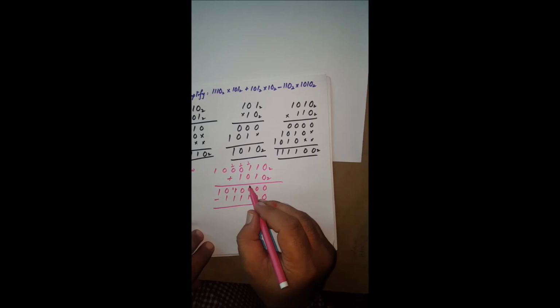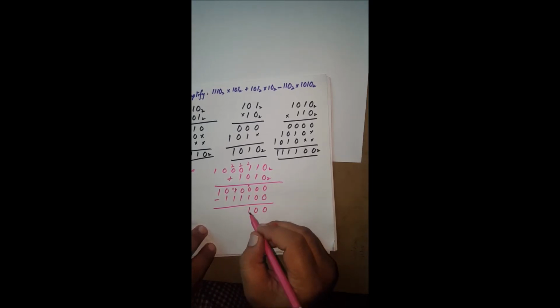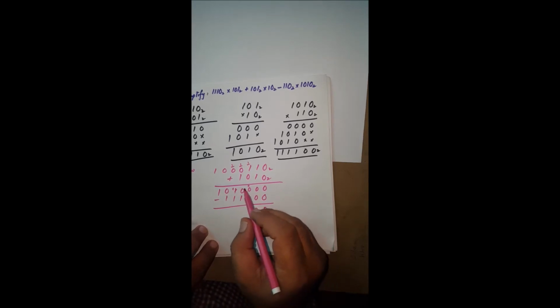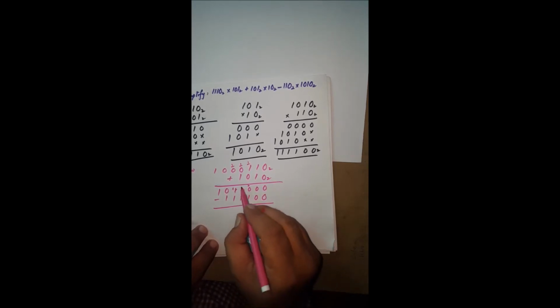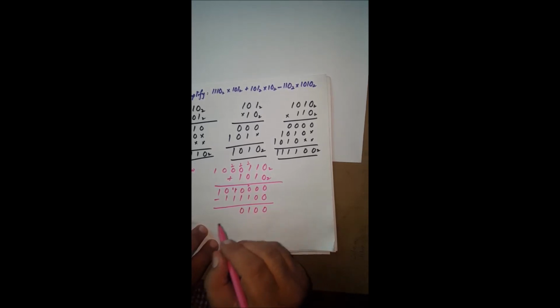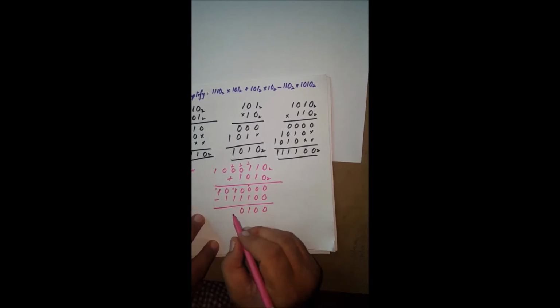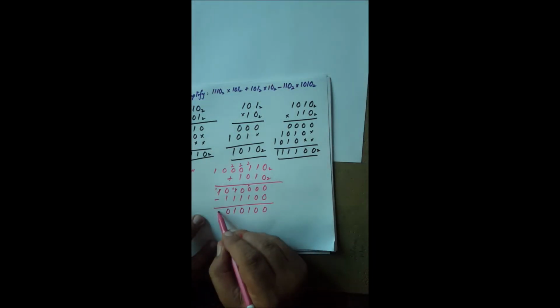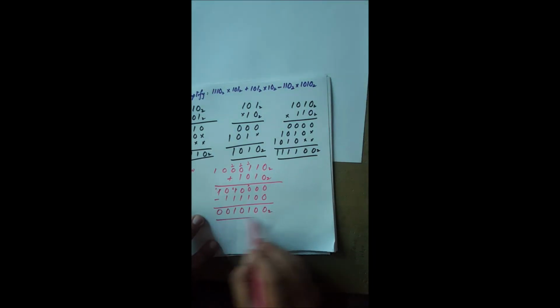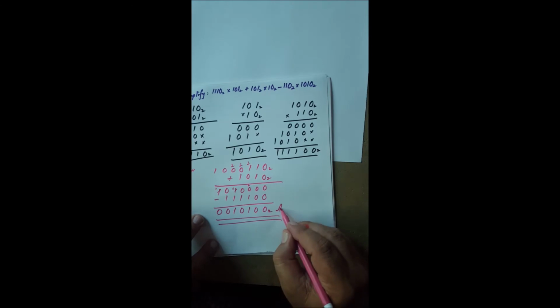It goes to this side and becomes 2. 2 plus 0 is equal to 2. 2 minus 1 is equal to 1. 1 minus 1 is equal to 0. Again, we carry 1 from here. 2 minus 1 is equal to 1, and the other becomes 0. This is the answer of the question.